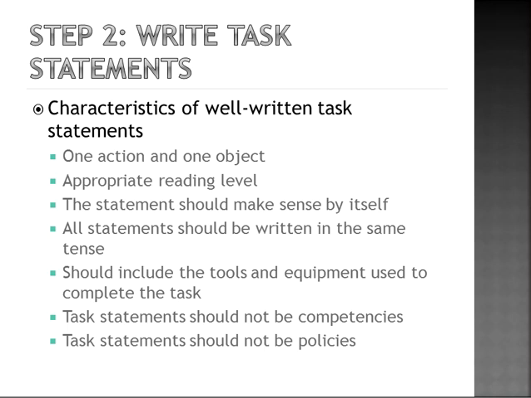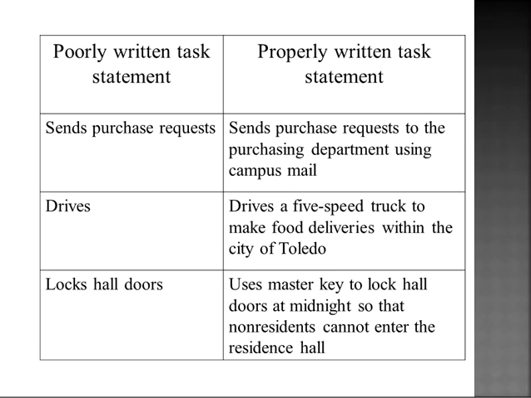The statement should make sense by itself and not require additional information. All statements should be written in the same tense. They should include the tools and equipment used to complete the task. Task statements should not be competencies, and they should not be policies. They should be tasks.